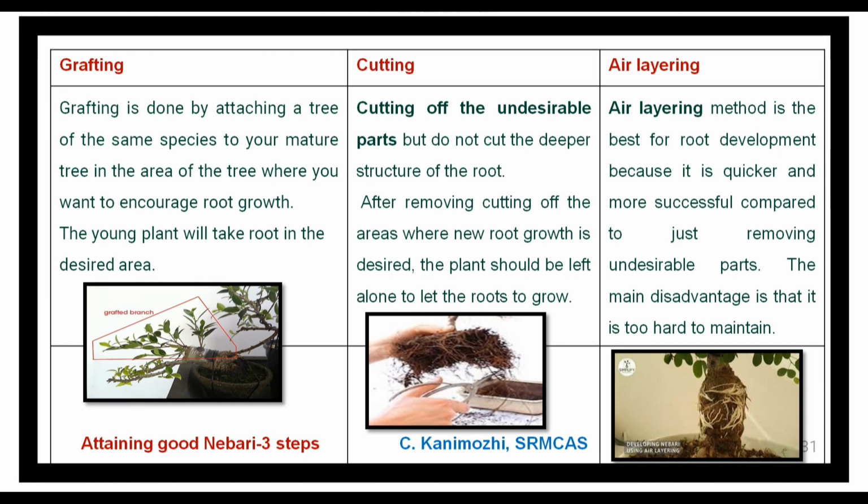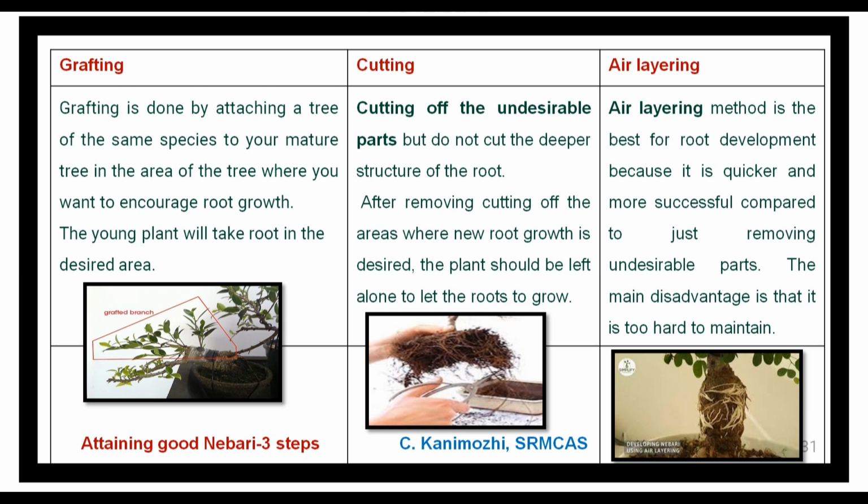Grafting can be done while it is attached to the tree itself, and air layering is also the best method to get better root development on the tree itself, and cutting, removing the different root growths, will make a best nebari.